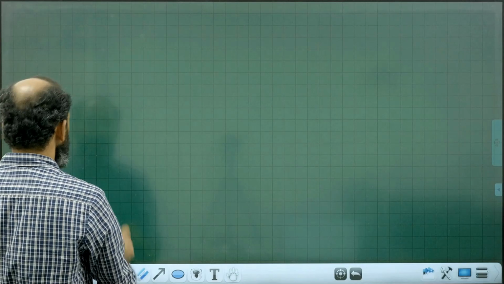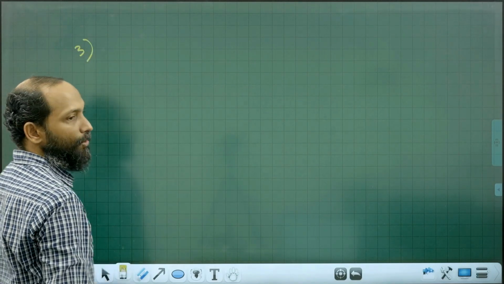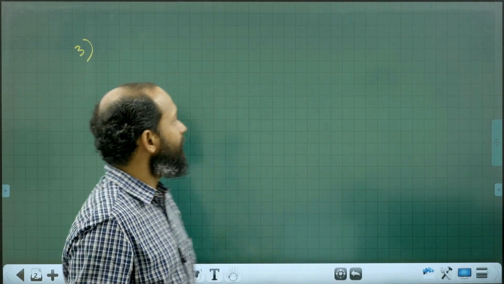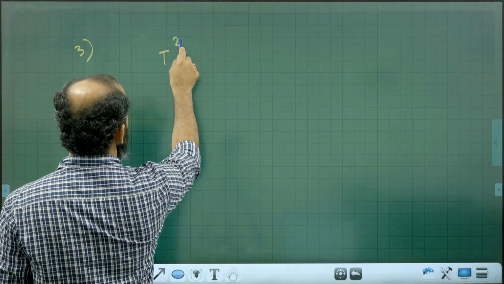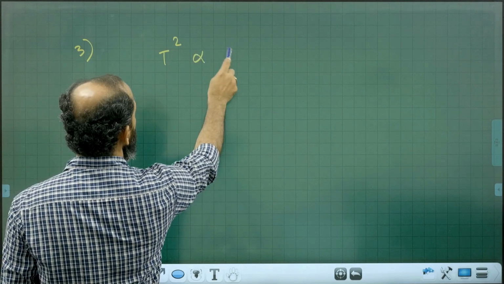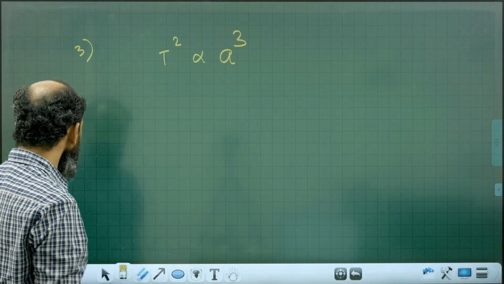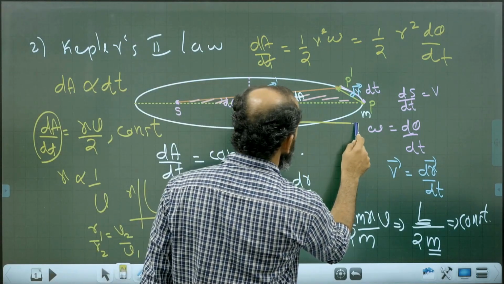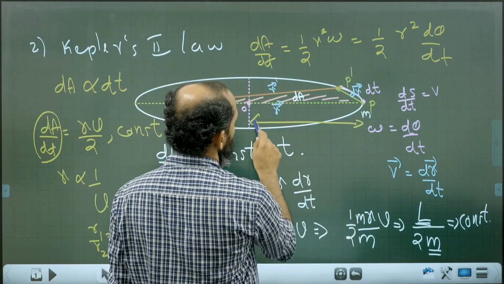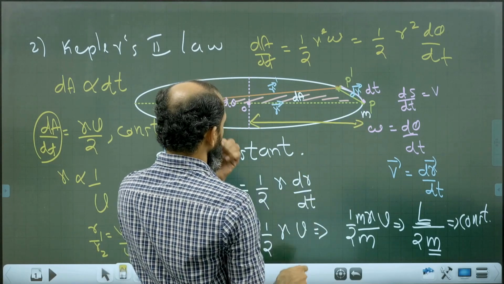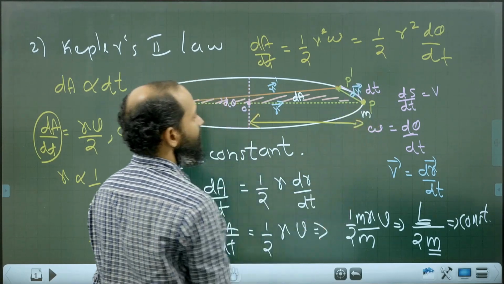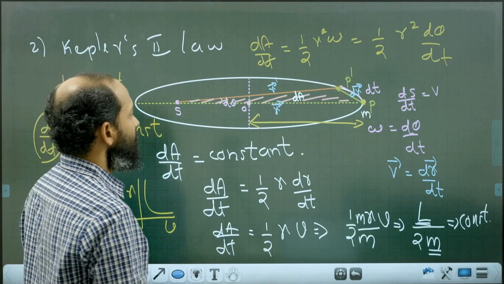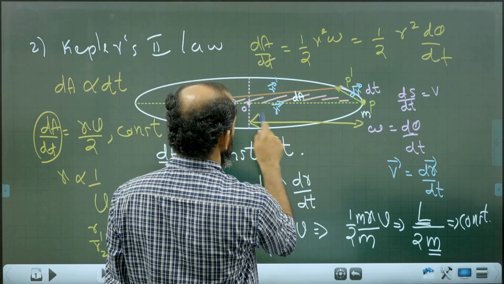Now the last law, third law, that is law of periods, states that square of time period of planet around sun is directly proportional to the cube of semi-major axis. Semi-major axis is the distance from center of that ellipse up to the point P, which is at the extremity of the major axis.